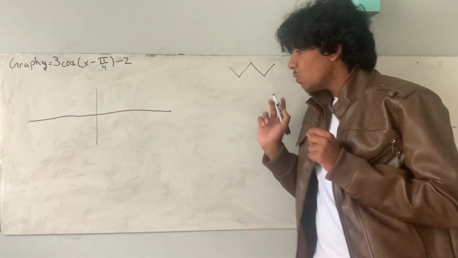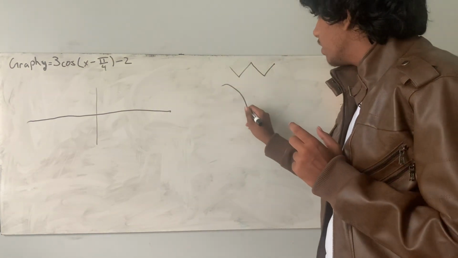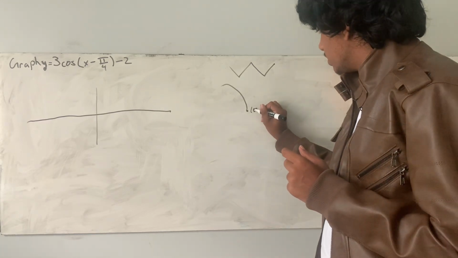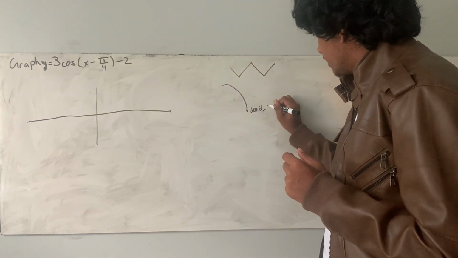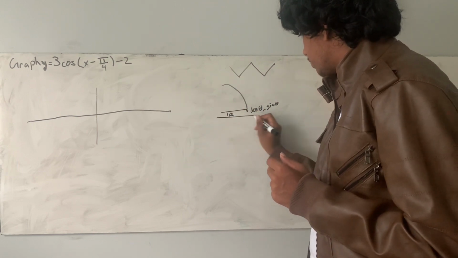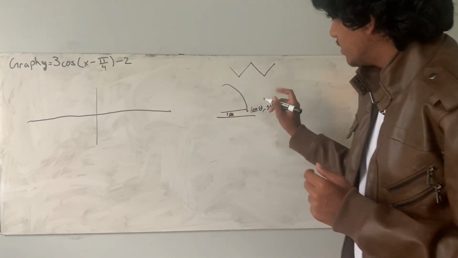What that means is when you draw a unit circle, cosine is actually the x coordinate. So this is cosine theta, sine theta, where there's an angle theta.